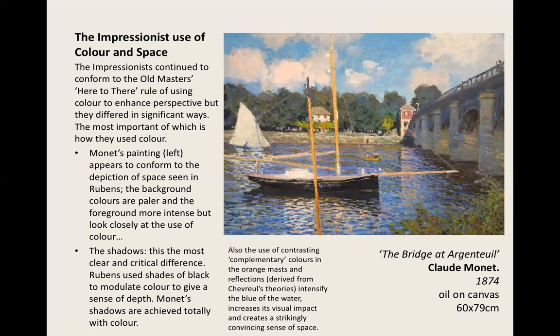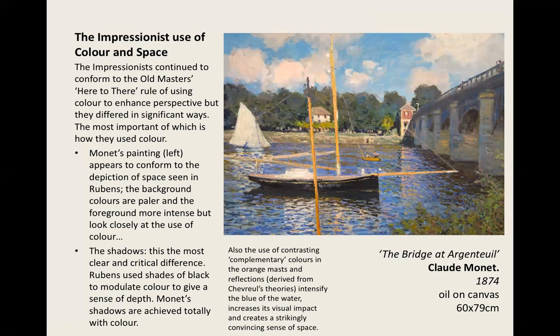So Monet, by using the orange to create this very powerful set of verticals in the foreground, set against the horizontal feeling of the blue lake, very powerfully creates depth. And that depth is being created through color relations, not through the tonal modeling that we were seeing in Rubens.